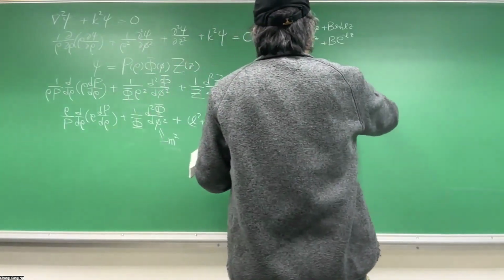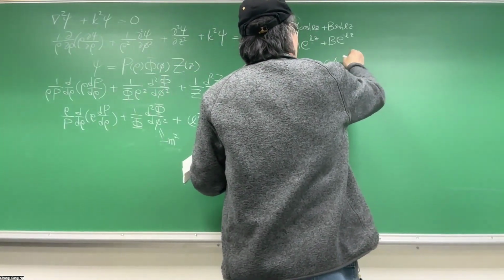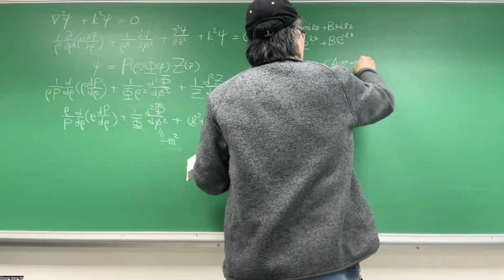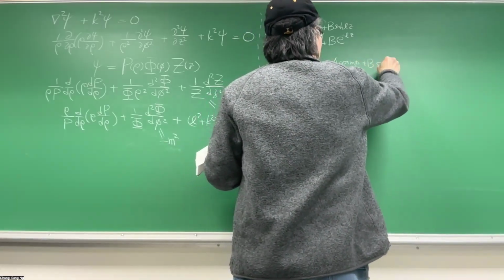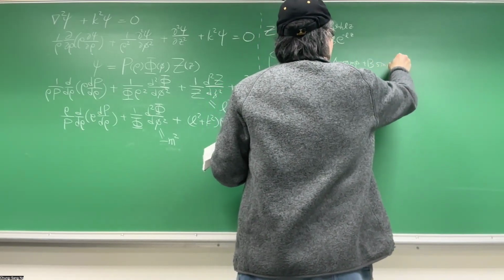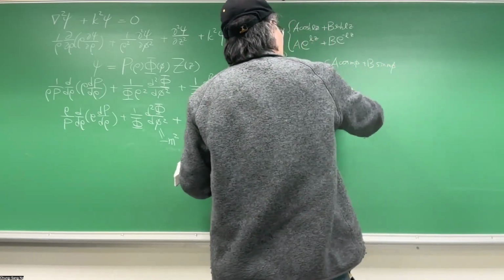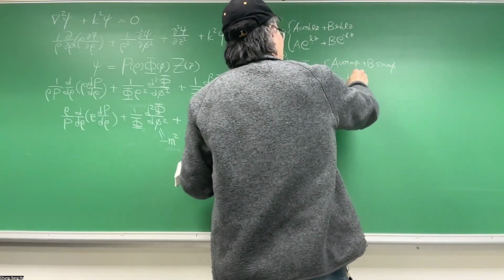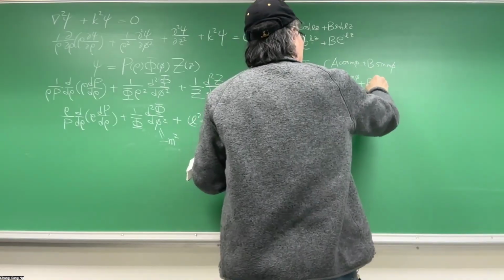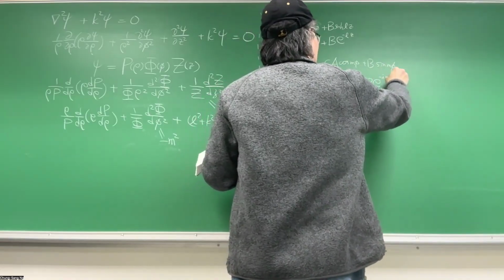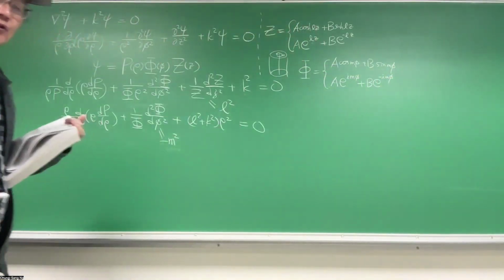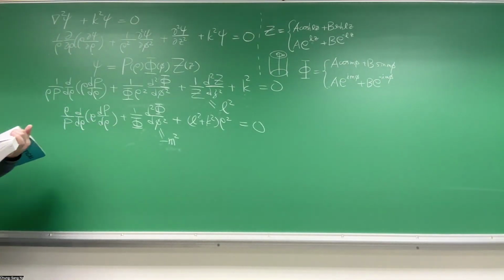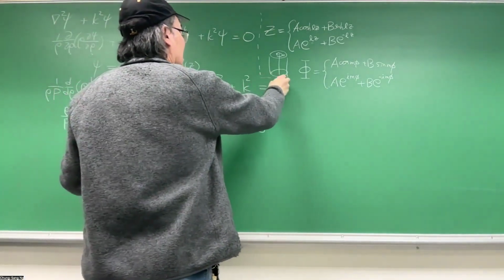So you can either write cosine m phi, sine m phi, or e to the i m phi. The form of the solution is just the solution of the simple harmonic oscillator equation, so that doesn't change.